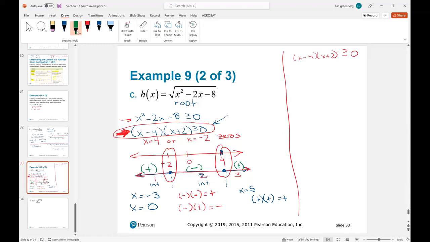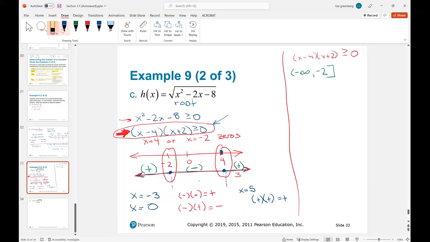So I know it's positive from -infinity to -2 because it says it right on my number line. But I do include the 0, which is at -2, because the square root of 0 is 0. So I include -2. That middle interval, actually, I'm going to erase these.